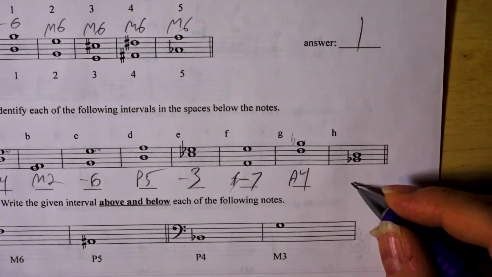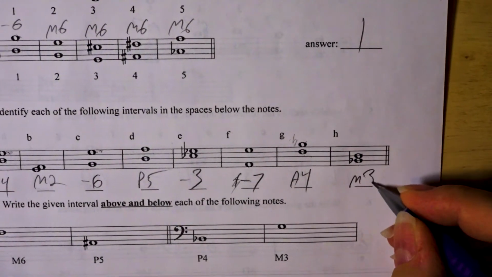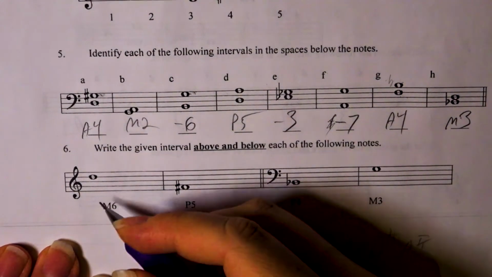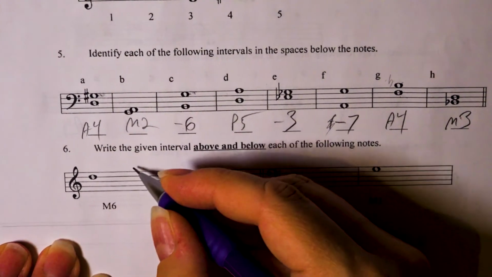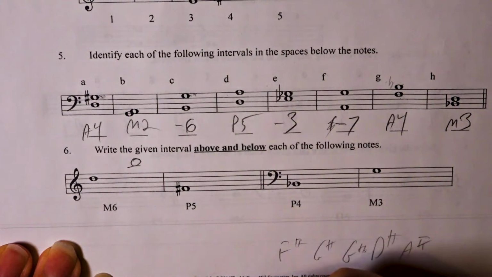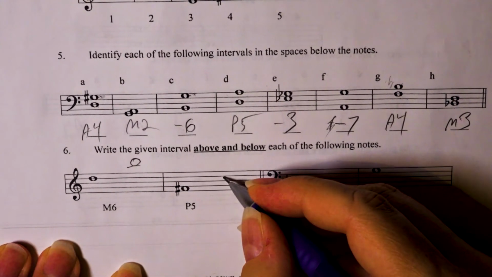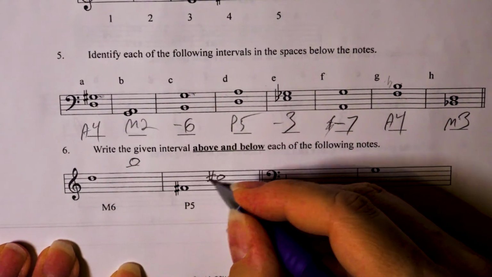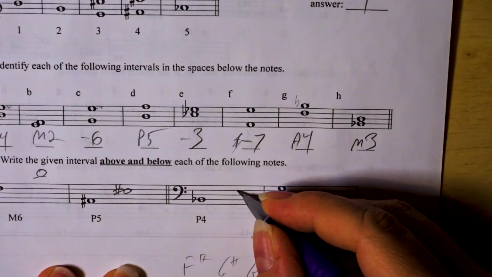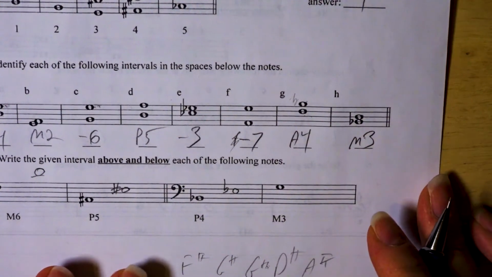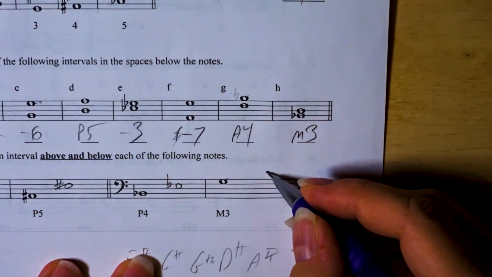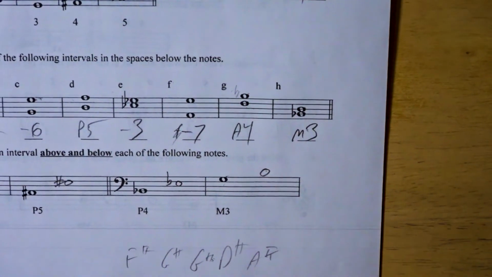Key of B, there is a D, so that's a major third. I'll go up with these. Key of D, there is a B in it. The perfect fifth. Perfect fourth, same accidental. And G to B, it's major third.